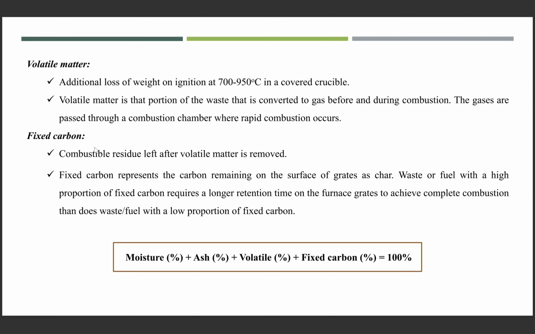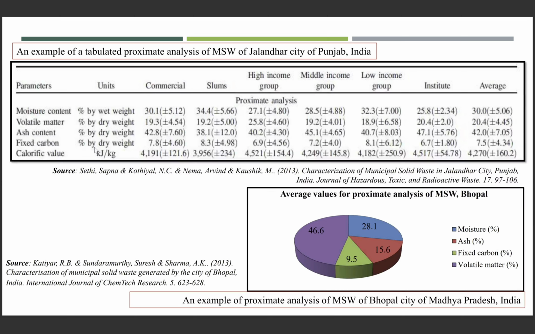This is one such approach to convert easily degradable carbon into fixed carbon, so that the overall contribution of CO2 to the atmosphere reduces, and it will slow the rate of climate change.